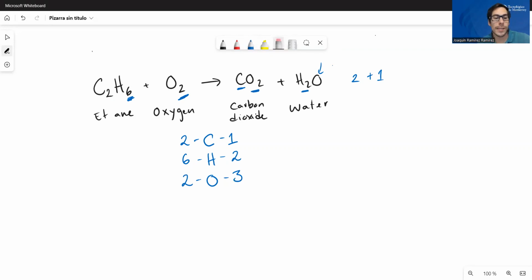So to balance these chemical reactions, I need to start putting coefficients next to the molecules so I can multiply the amount of atoms in each one of the molecules. For example, it is a good practice to start with elements that are part of compounds.